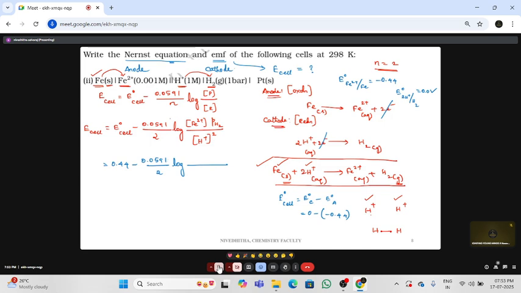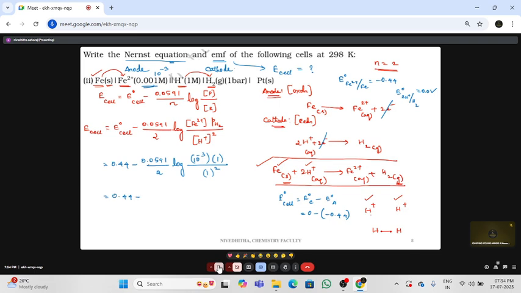It is in the problem, 0.001 mole, which can be written as 10 power minus 3. The pressure of hydrogen gas is 1 bar, divided by the concentration of H plus ion, which is 1 molarity, and here it is whole square. Now you have to simplify this.